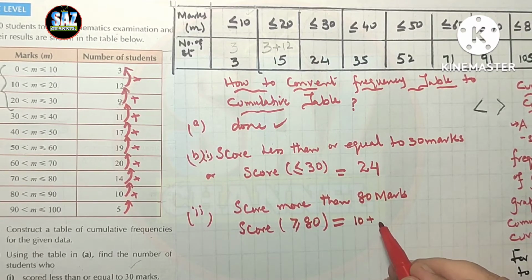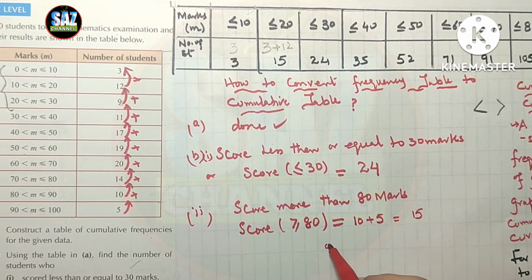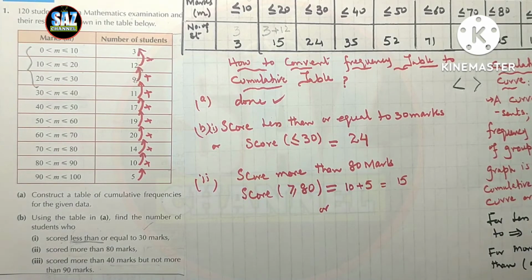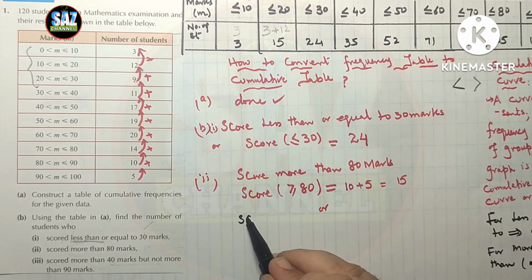or what I can do is see that score less than equal to 80 is 105.